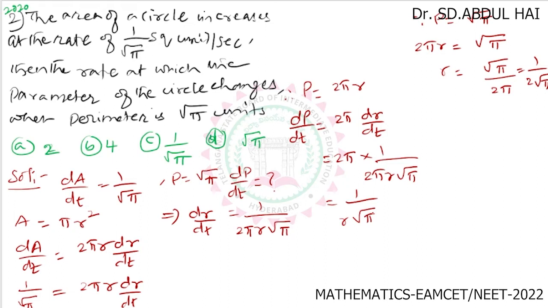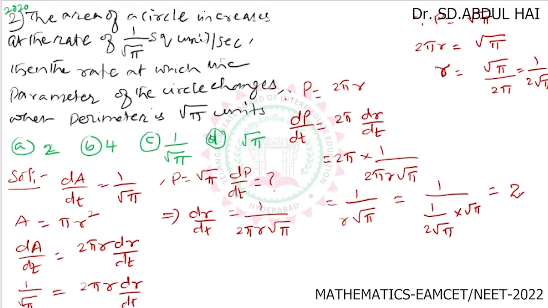r root pi is equal to, but what is r? Just now I have obtained r, that is r is equal to 1 by 2 root pi. So into this root pi. So this root pi will cancel, and 2 will go to the numerator, it becomes 2.